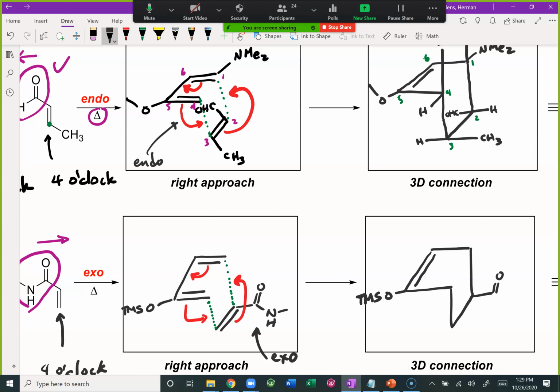So now the group here that should be doing the exo doesn't do a tertiary, secondary pi overlap. In the endo, you have that. You have this carbon here interacting with this carbon here labeled as 6. That's a secondary pi orbital overlap.